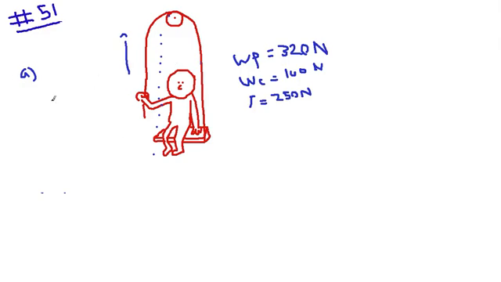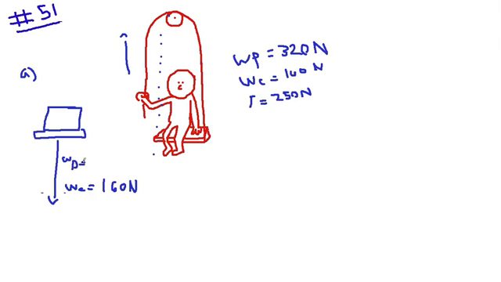Now for A, when we draw our free body diagram, we label the masses: this is Patrick and this is our chair. Then we draw the downward forces: the weight of the chair is 160 newtons and the weight of Patrick is 320 newtons.